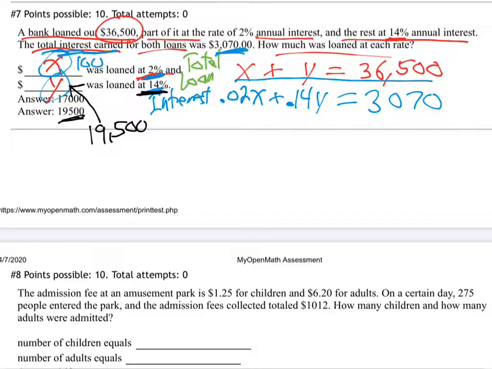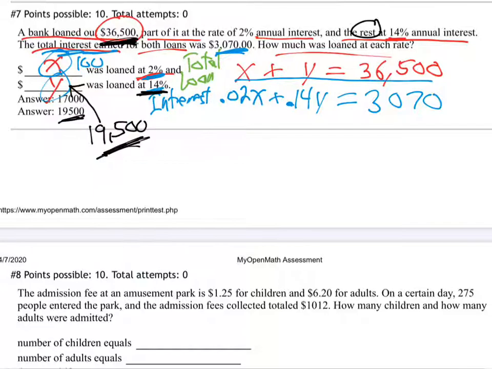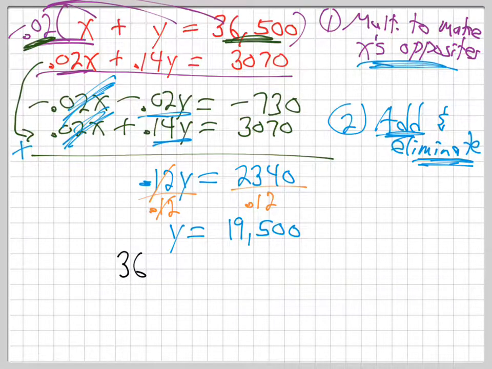Now remember, the bank loaned out $36,500 in total. So if we already know that one of the parts is $19,500, how can we find the rest of it? We just subtract, don't we? So $36,500 minus $19,500.